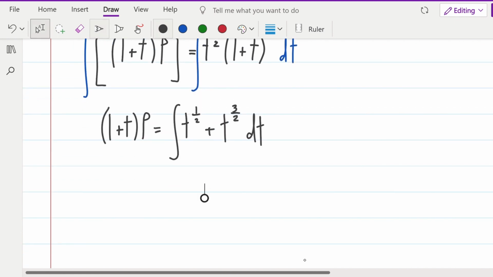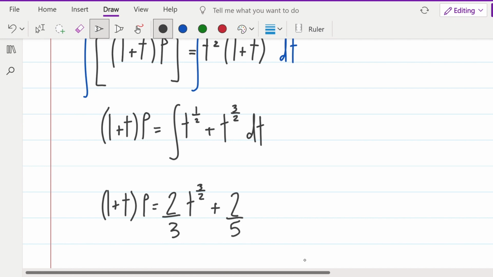So 1 plus t times p is equal to the half plus 1 is 3 over 2. 1 divided by 3 over 2, 2 over 3. So 2 over 3 t to the 3 over 2. Do the same, plus 5 over 2, 1 divided by 5 over 2, 2 over 5. Very simple. And then t to the 5 over 2, obviously don't forget to add 1 to the power, plus c.